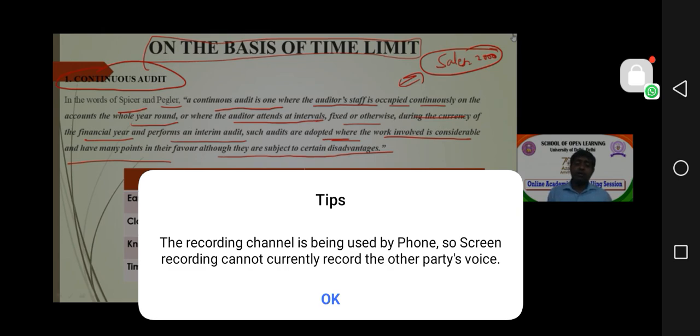So what we are able to understand in this scenario is that the continuous audit is conducted for the purpose of keeping this perspective clear: whatever activities we have done throughout the year, whatever accounts and functions we have prepared, or whatever invoices we have prepared, these are authentic, these are genuine, and we did not involve ourselves in any sort of manipulative activities.